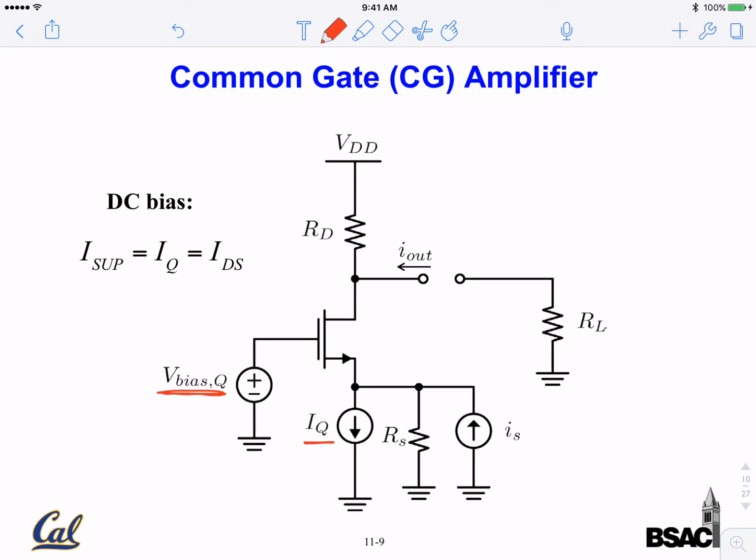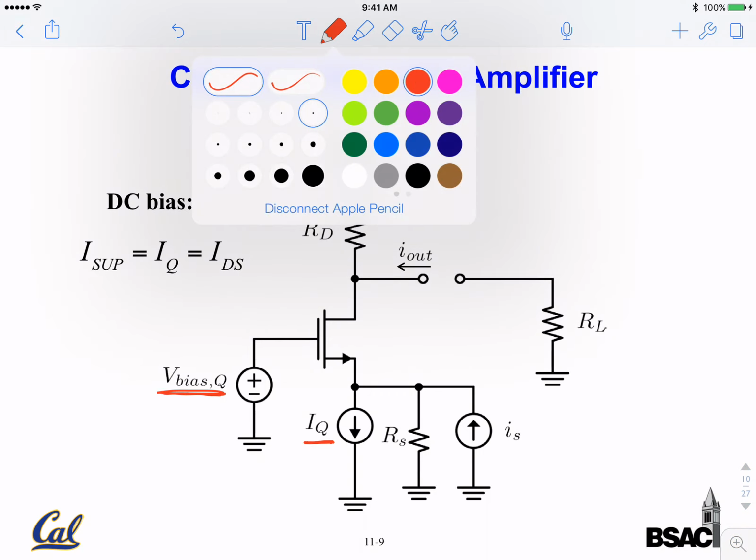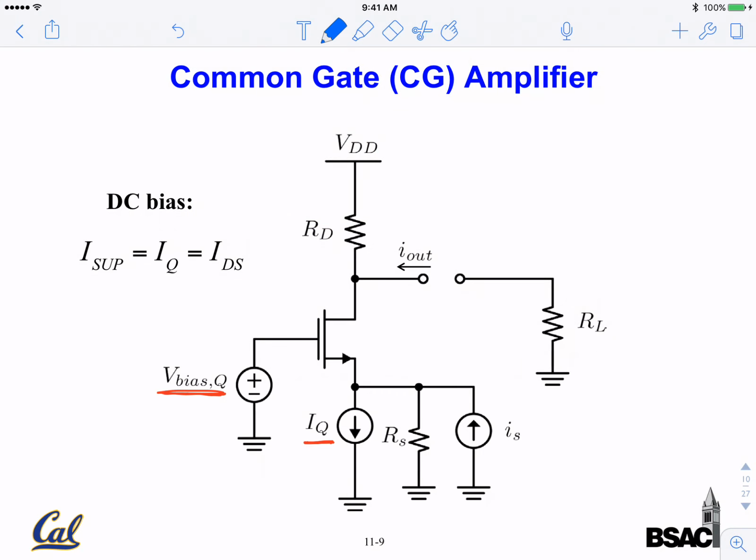If this is an independent current source, essentially when we attach IQ here, we already know VGS, right? So remember, these transistors all operate in the saturation regime.